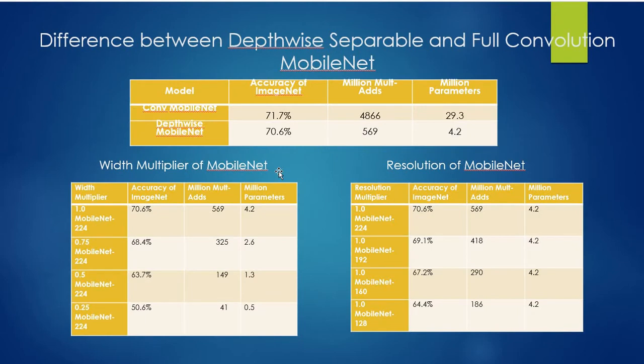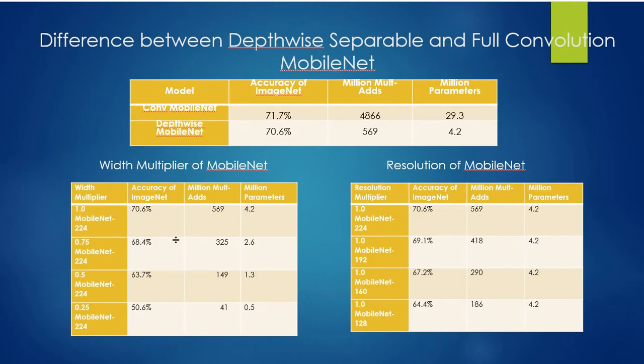These are the tables. We can easily understand the difference between depthwise separable and full convolution MobileNet. If we had used full convolution MobileNet, then we would have needed many more computations and parameters, so that would be lengthy.